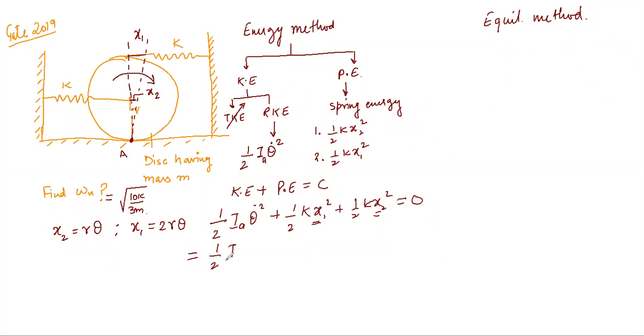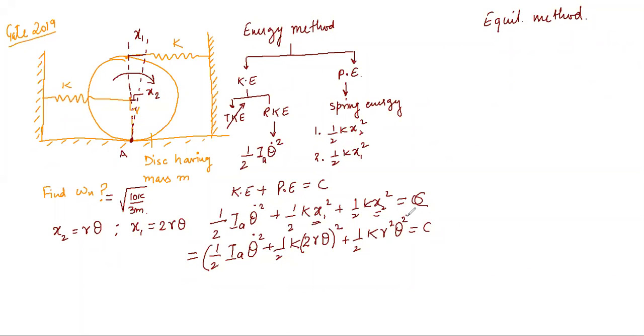So half IA theta dot square plus half k times x1, which is written as 2 r theta, whole square, plus x2, which is r square theta square, and that equals a constant.